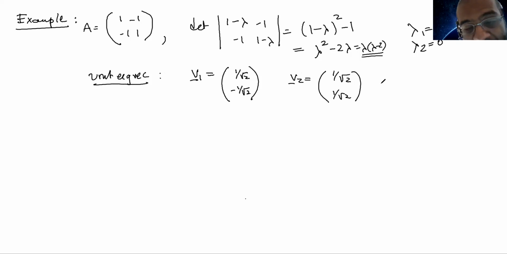Indeed, their dot product is 0, as it should be according to the theorem. So that's an example. Now, what does this mean? There are two interpretations of the spectral theorem. Now what I can do is make a diagonal matrix P out of these eigenvectors.